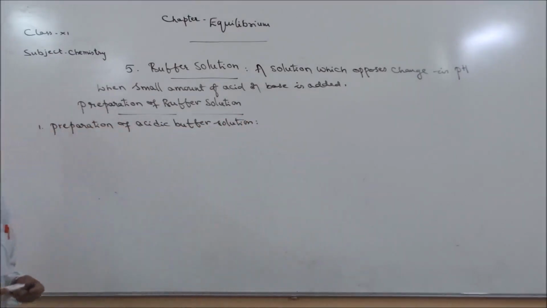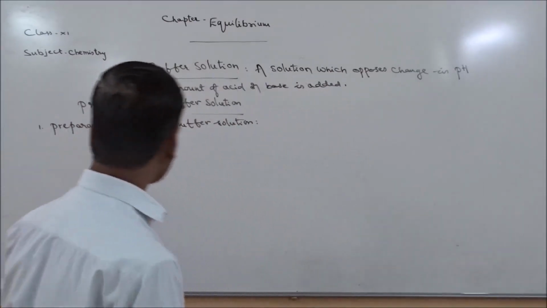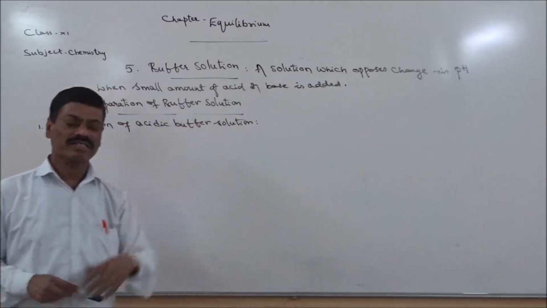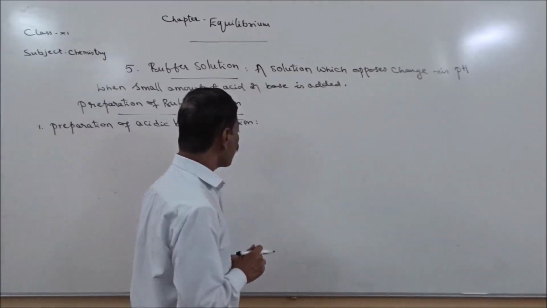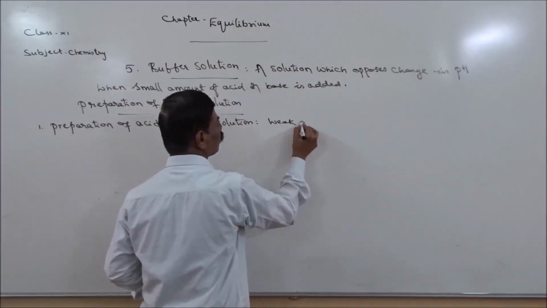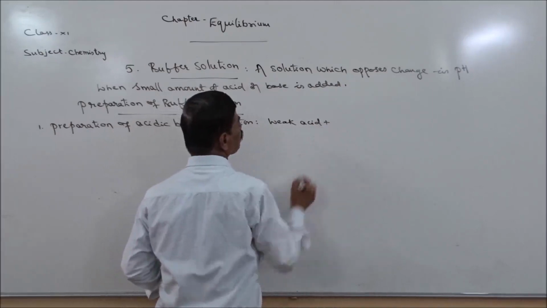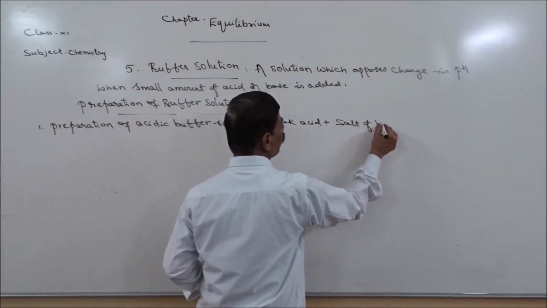Whenever we want to make acidic buffer solution, we need to take a weak acid and next a salt. Right? So this consists of mainly weak acid plus salt of weak acid.